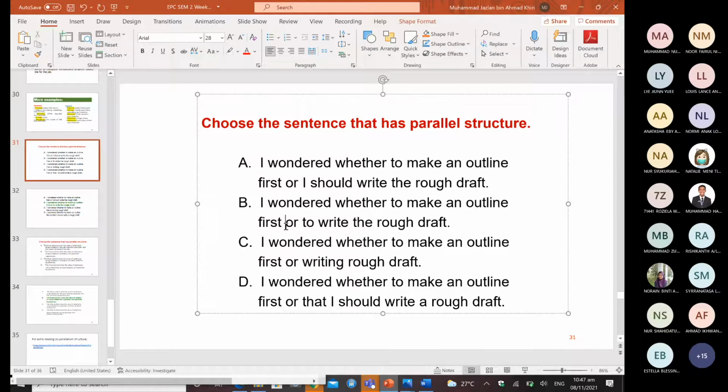You are all given only 5 minutes to finish this task. Read carefully and identify the parallel structure.